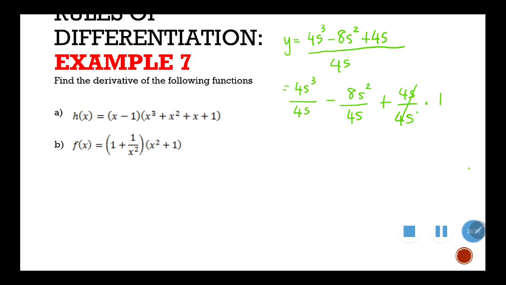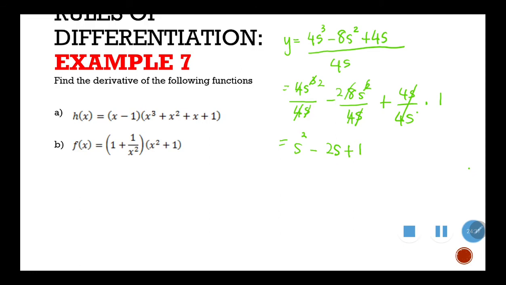So this part here will be 1, and this one will be cancelled, and you will get 2s. So this part will be cancelled and this one will be 2. 4 will also be cancelled. So the final answer should be, not final yet. The final simplification should be s squared minus 2s plus 1.